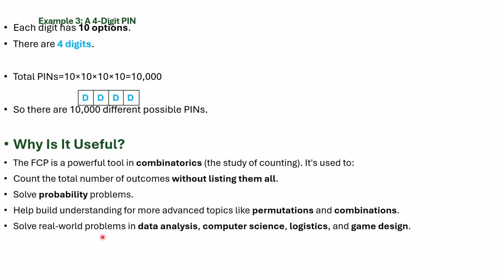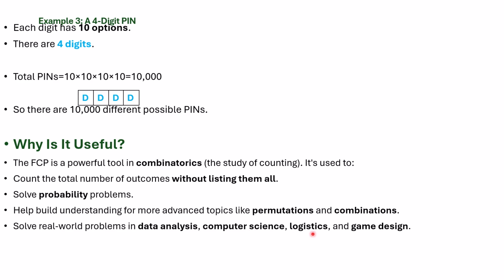Right? Then we solve real world problems. Data analysis. Nowadays, there's a career even in IT called data analysis or data analytics, based on business intelligence, etc. You can do computer science related to logistics.